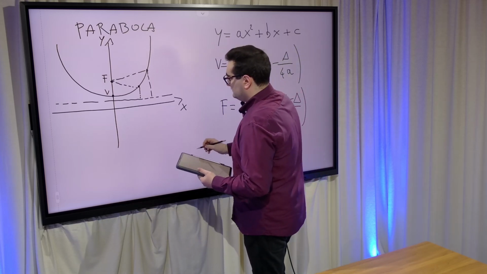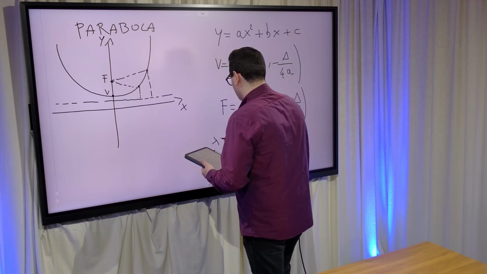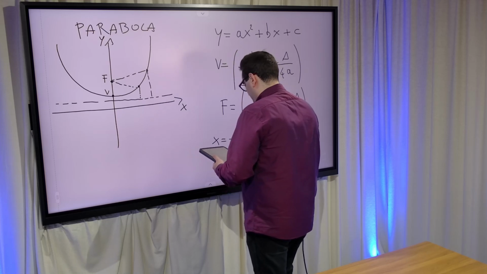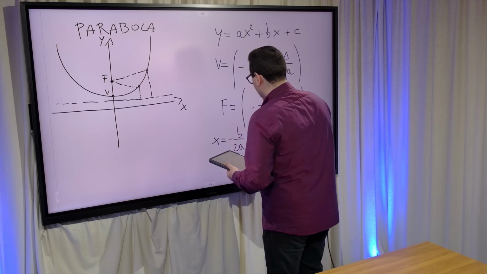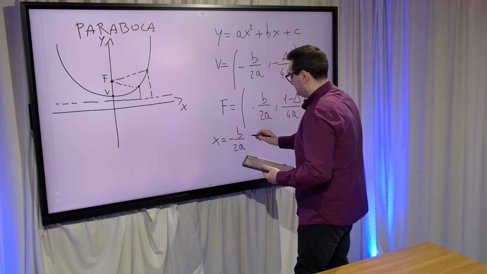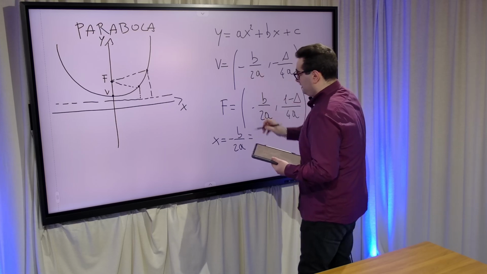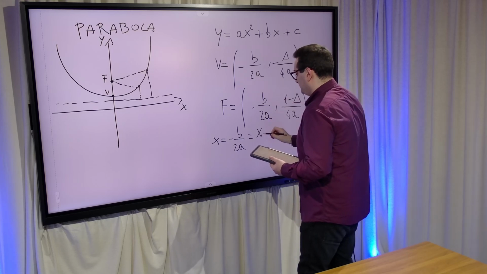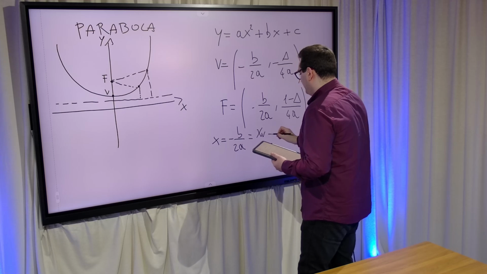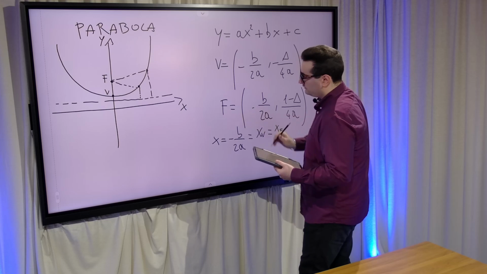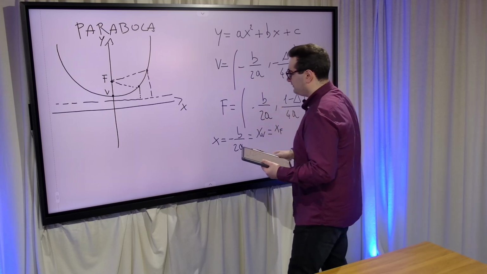The axis is x equals minus b over 2a, and as you can see it is the x coordinate of V, so x equals xv, and is also equal to xf, so also the x coordinate of the focus.